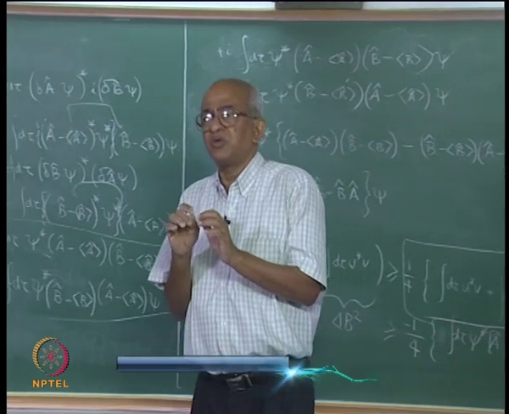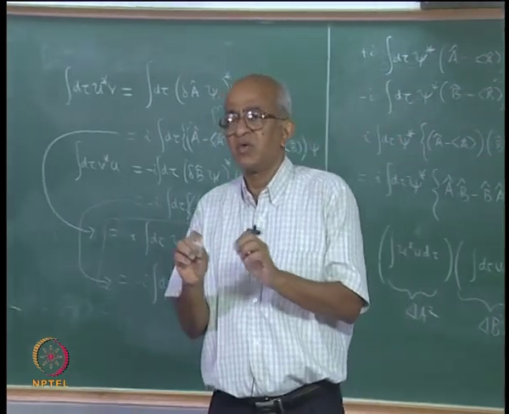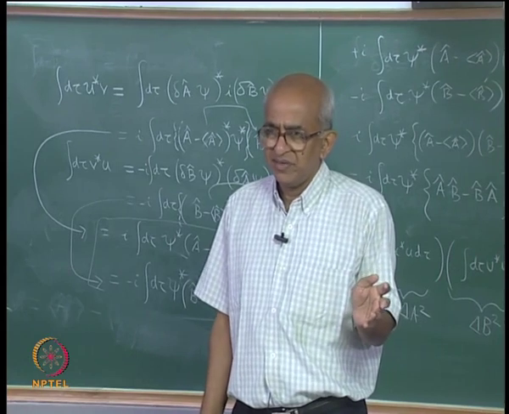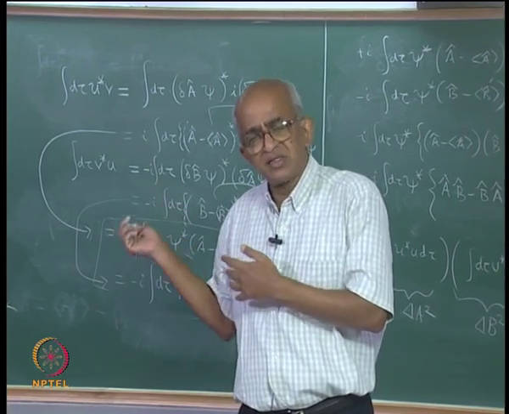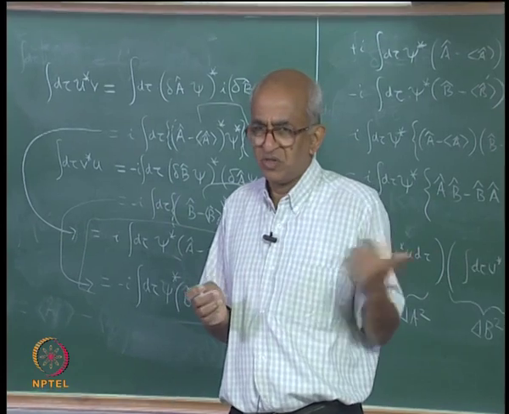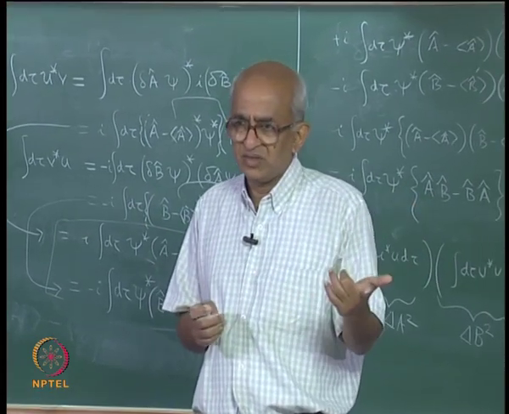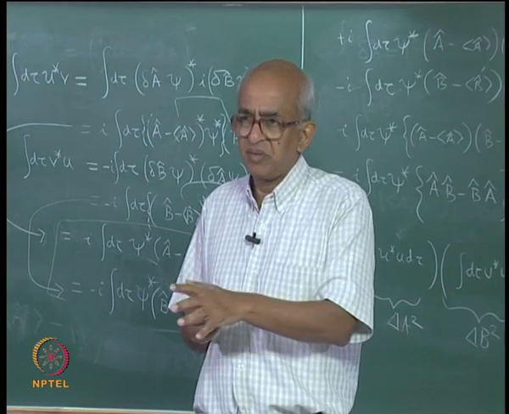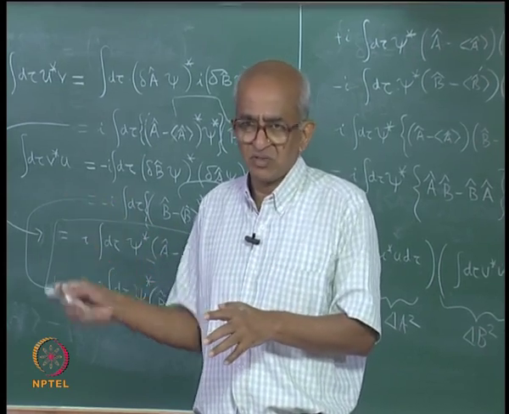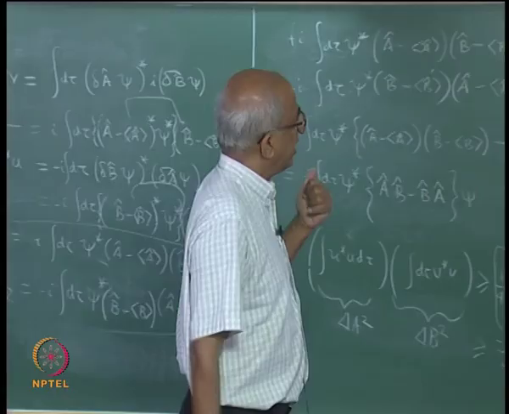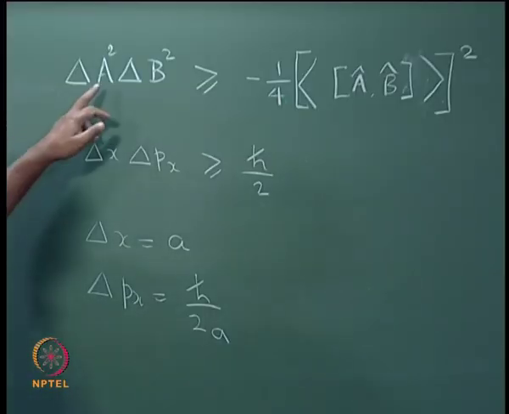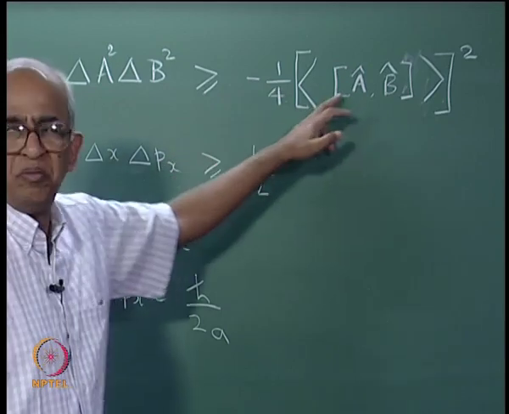If you apply it to position and momentum, you will get what is referred to as the Heisenberg's uncertainty principle. So this is a generalized uncertainty relation. This was not derived by Heisenberg, but somebody else. Heisenberg derived delta x into delta px is greater than or equal to h cross by 2, but this generalized uncertainty relationship was derived later, and it is valid for any a and b.